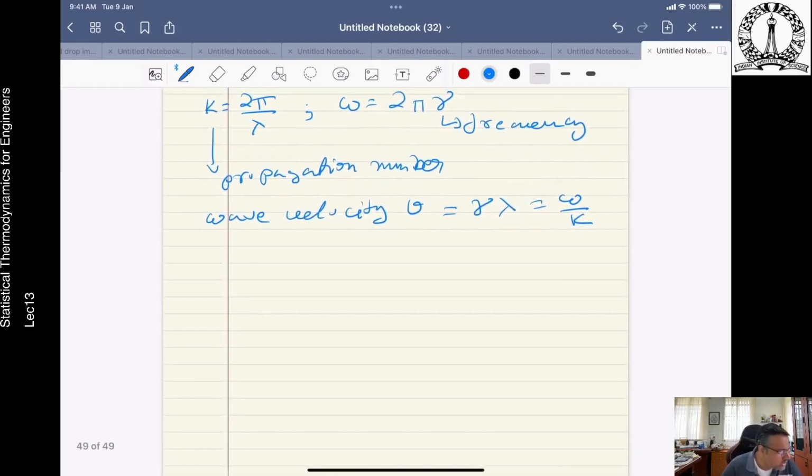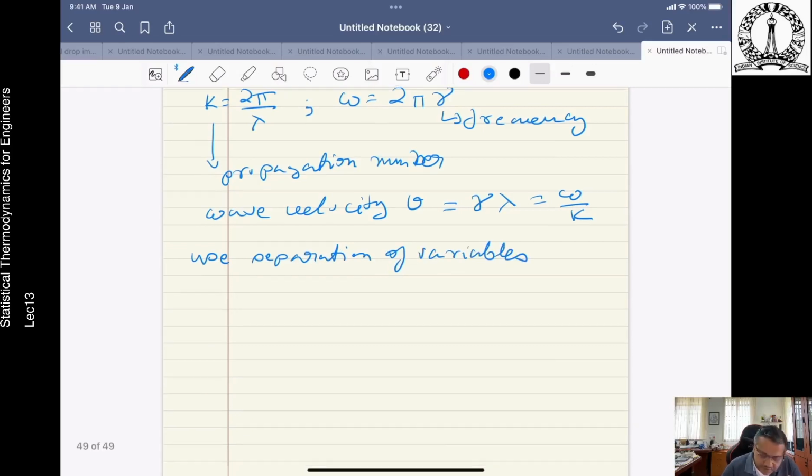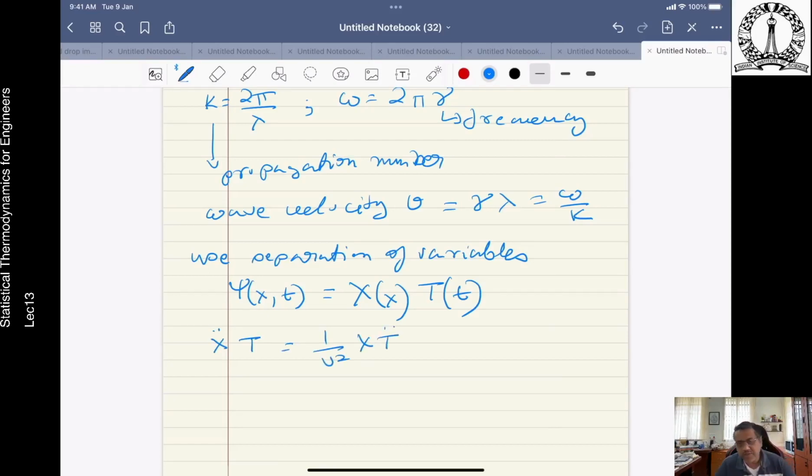Once the solution is set, we have to solve this equation. So you use the separation of variables. That means psi(x, t) is equal to X(x) times T(t). It's the well-known separation of variables. This is substituted in the Schrodinger wave equation. You get X double dot T equal to 1 over v squared X T double dot.